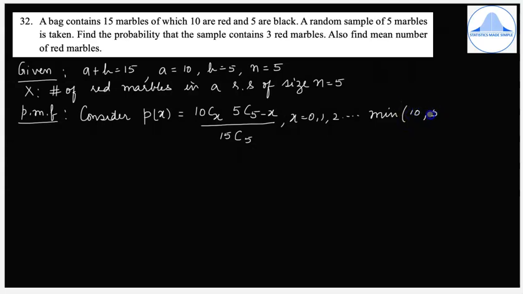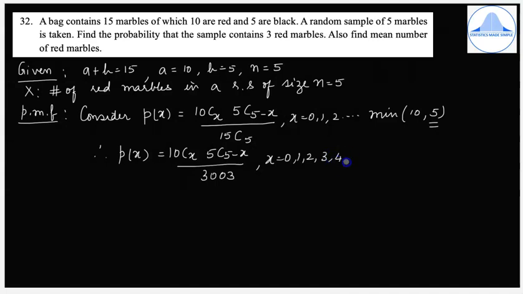So 10 comma 5, which the minimum is 5. So therefore you will get P of X as 10CX, 5C 5 minus X, divided by 15C5, which is 3003, and X will take values 0, 1, 2, 3, 4 and 5, because the minimum is 5.